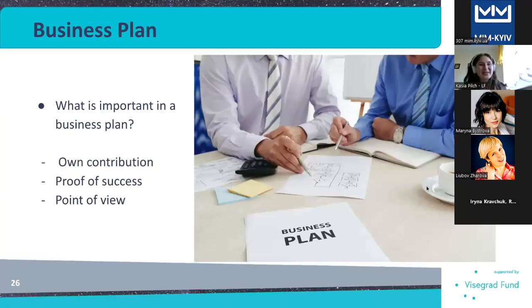Then another aspect that is important to have is the proof of success. Here it is essential to demonstrate a high probability of success, and also that the risks are being addressed and minimized.